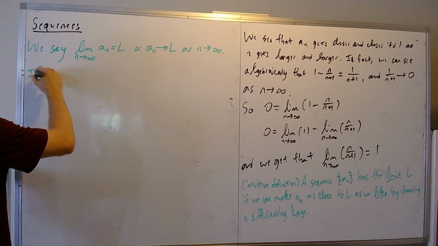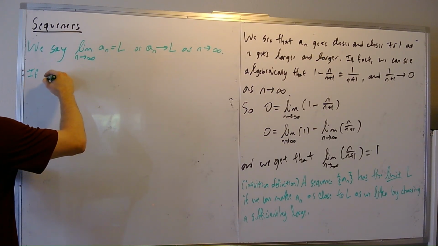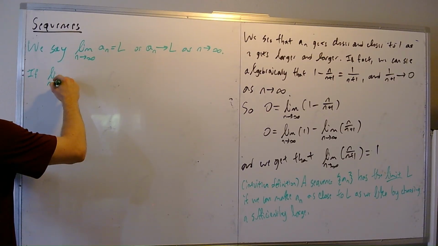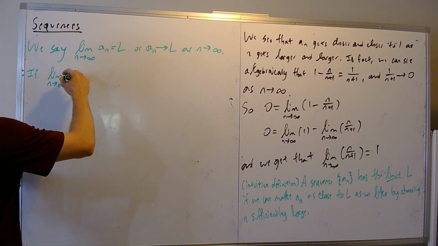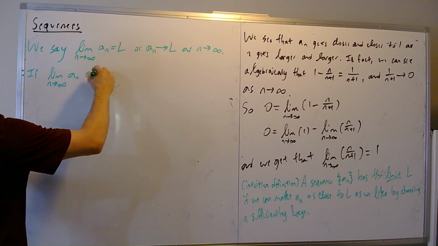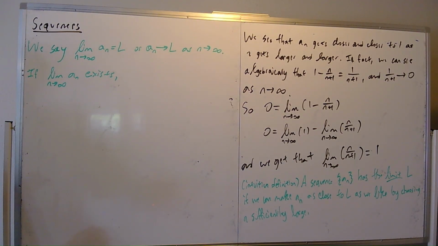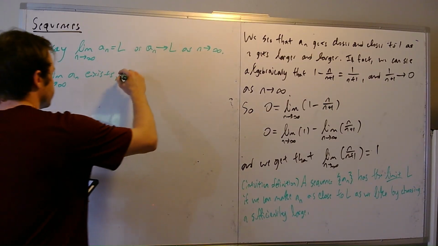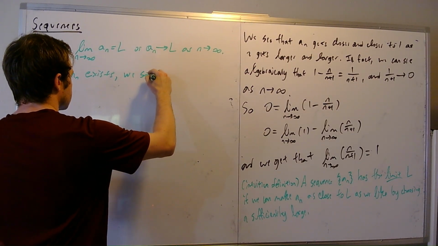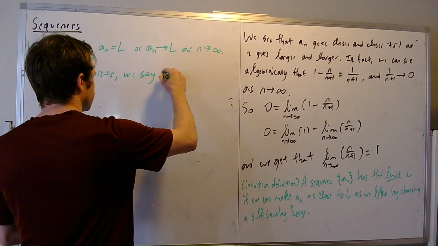If the limit as n goes to infinity of a_n exists, meaning it exists and it's not infinity, we say the sequence converges.